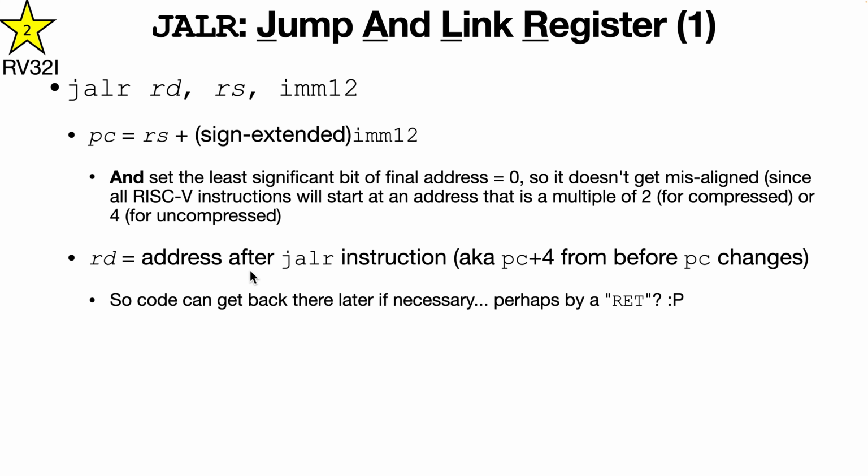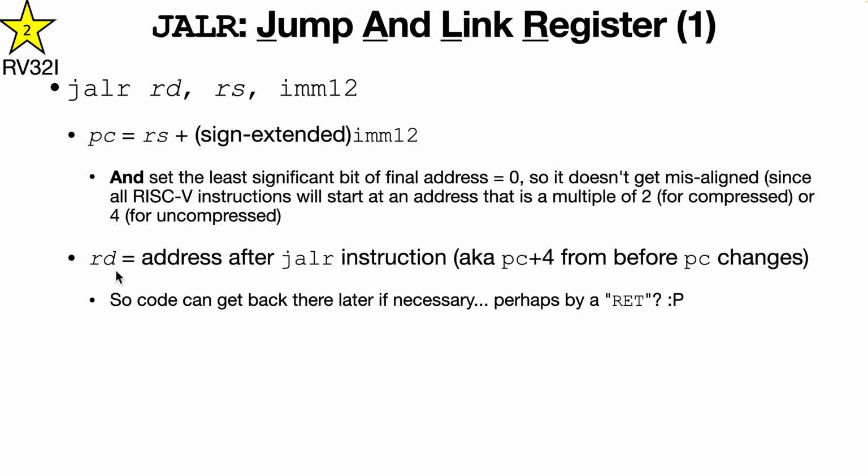RD is going to be the address after the $ instruction, aka whatever the program counter was pointing at when it said, hey, execute this $. The address after that, assuming that we're using non-compressed instructions, is going to be that plus 4. So basically, at the time that this was executing, the PC plus 4 is the next assembly instruction right after it. And so take that PC plus 4, the address after the instruction, and place that into the destination register.